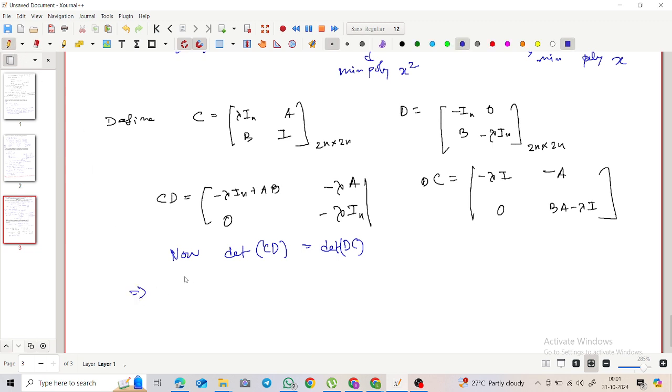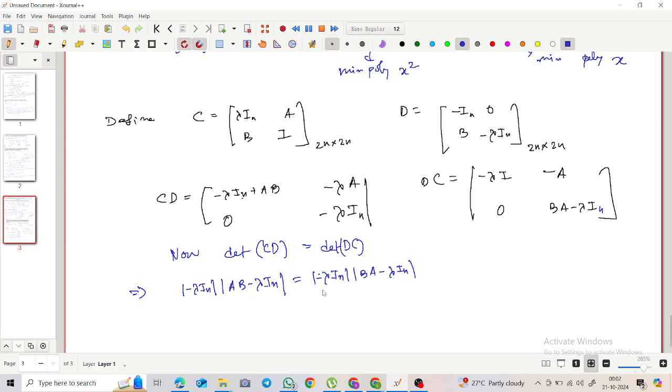See that determinant DC is this into this, that is determinant lambda IN into determinant AB minus lambda IN, which equals determinant minus lambda IN into determinant BA minus lambda IN, right?